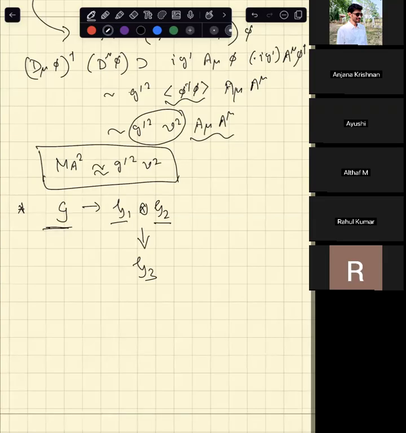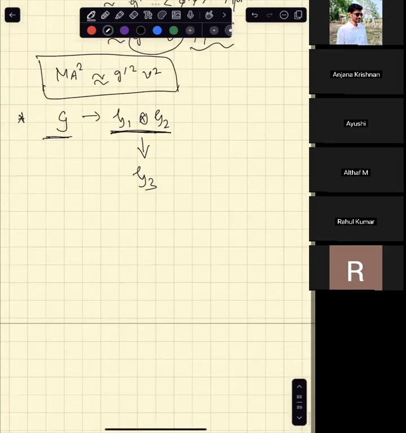Then how do I choose the vacuum expectation value? That will tell you whether I can go from this to this, or this symmetry will be completely broken, with no remnant symmetry. That basically depends on the choice of the scalar field.